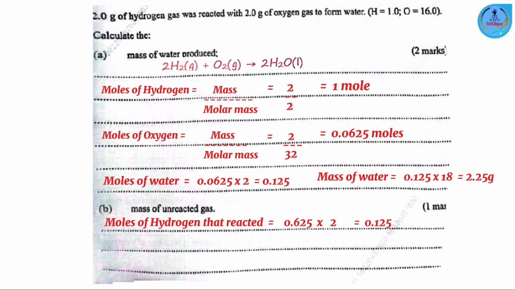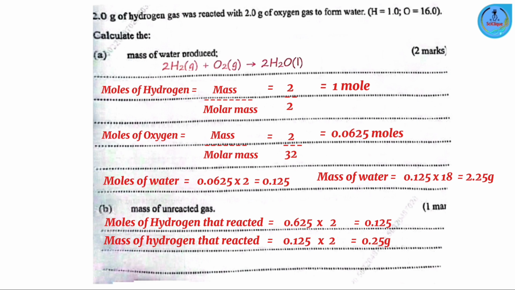So that means the rest were excess. So if 0.125 moles were the ones that reacted, what is the mass of the hydrogen gas that reacted? We are going to take the moles multiplied by the mass. This is going to give us 0.25 grams. This is the mass of hydrogen gas that reacted with oxygen.